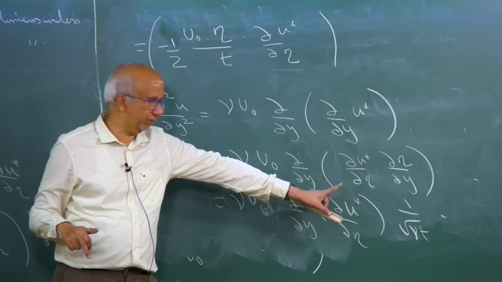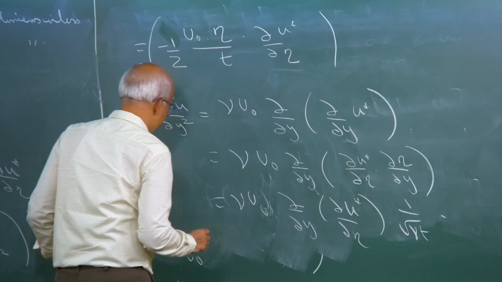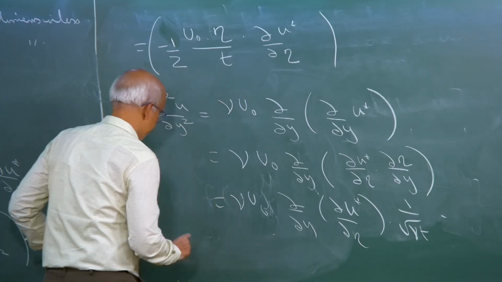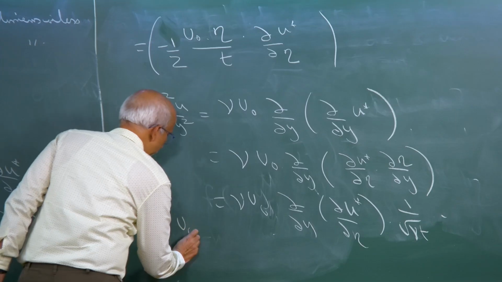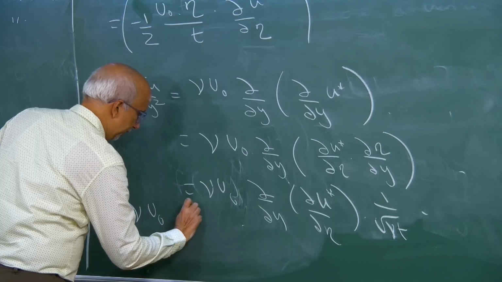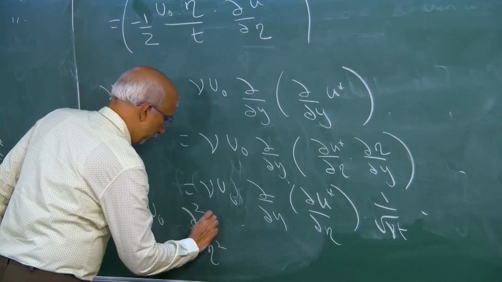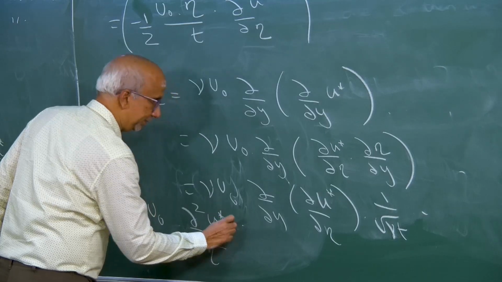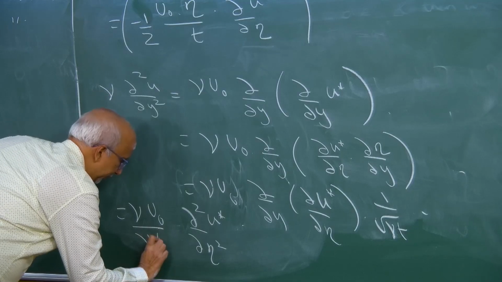I will get again 1 by square root of nu t. Okay. So, this will give me nu times u naught times d square by d eta squared of u star divided by nu t.